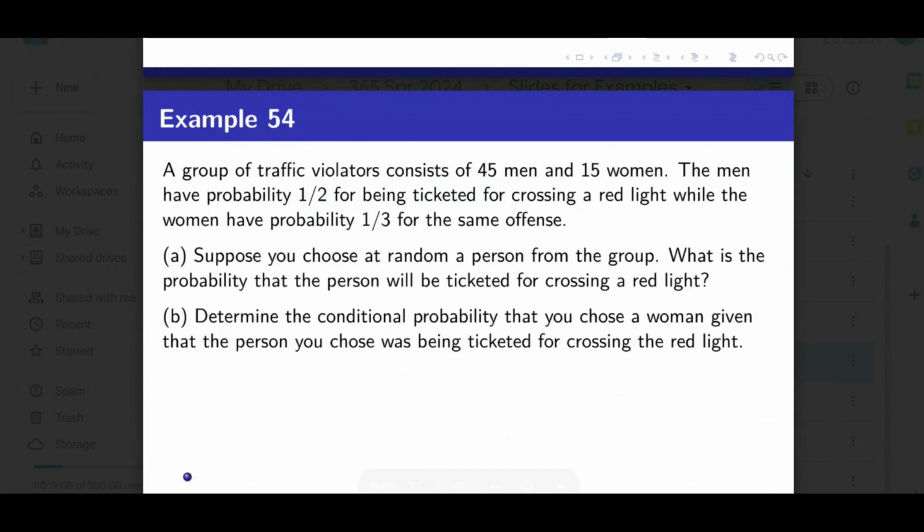Okay, so try to interpret the problem, see what's the direction of conditioning. You're going to use a tree, you can, but what kind of tree do you draw?